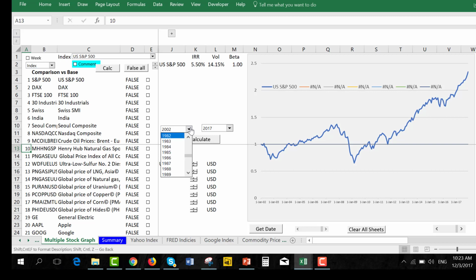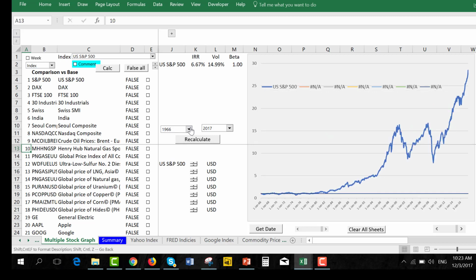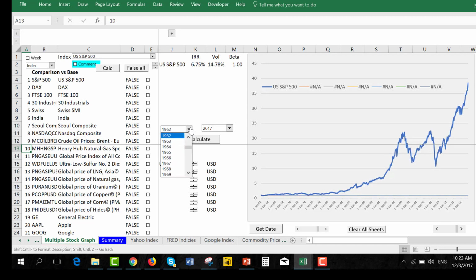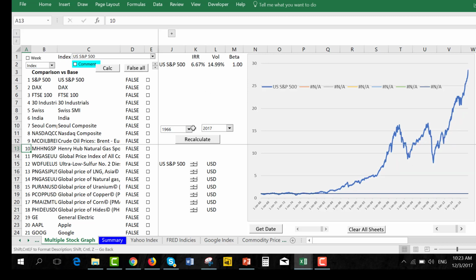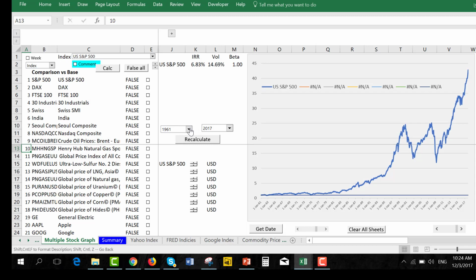Now, here's the real innovation, I think. You put a different date in, and it doesn't take a whole lot of time to recalculate, like that other country database. I think I might have to apply some of these recalculate techniques to that.